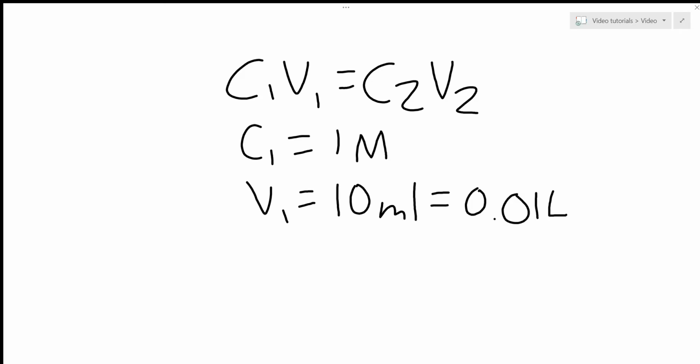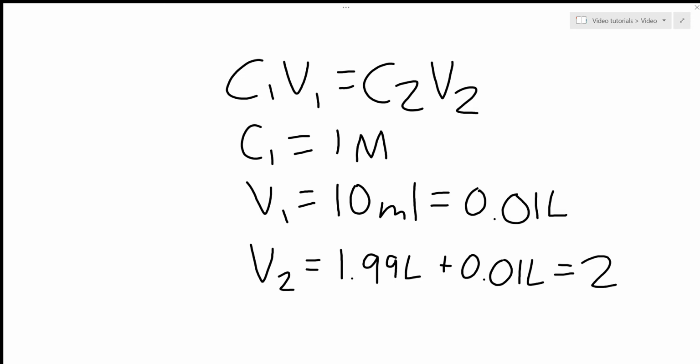And then V2, the total amount of solution we have at the end, that's how much water we have plus how much acid we're adding to that for a total of 2 liters. What we're trying to find is C2, the new concentration of our 2-liter solution of water and stock acid.